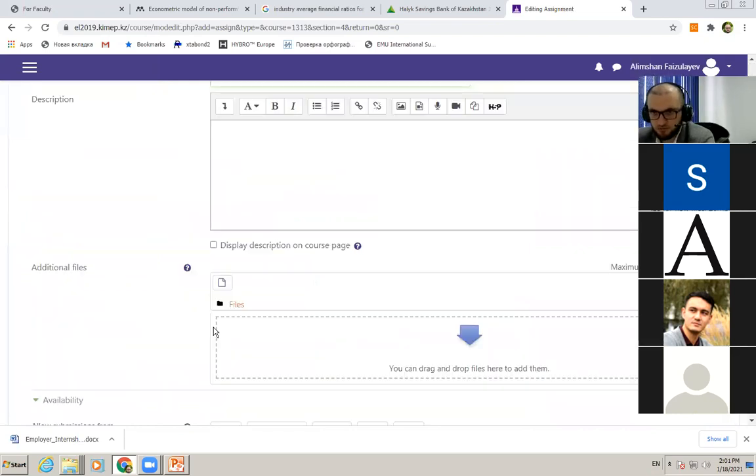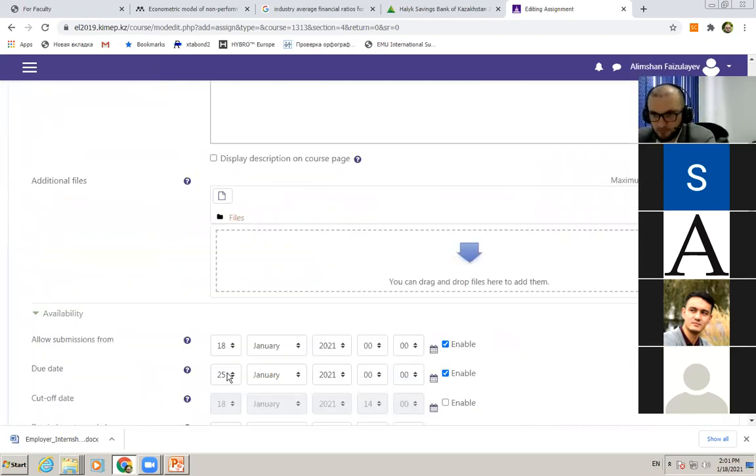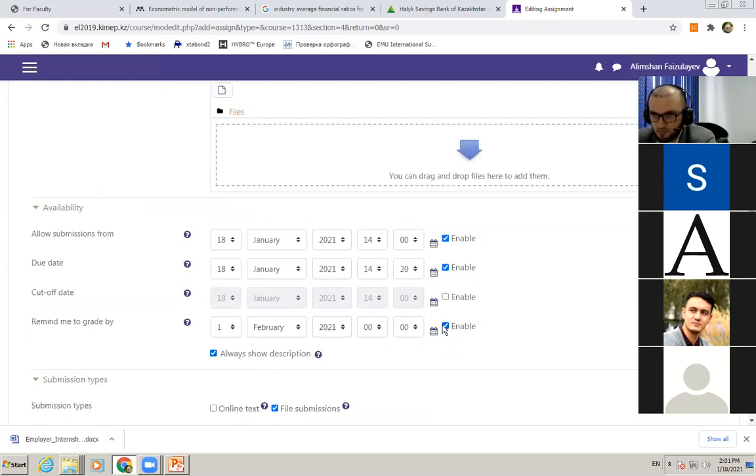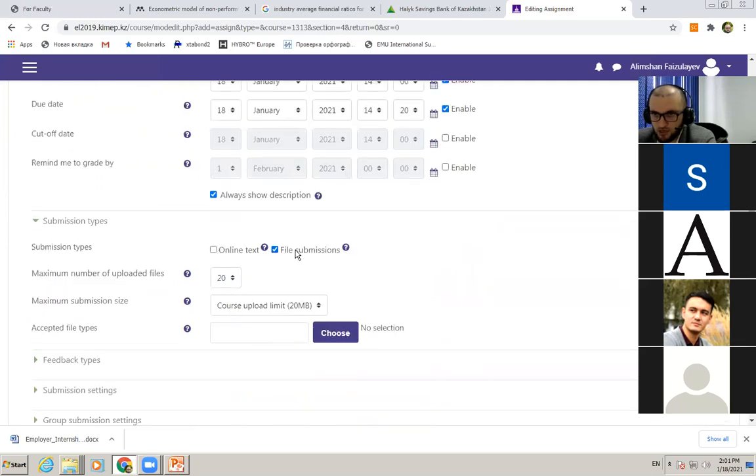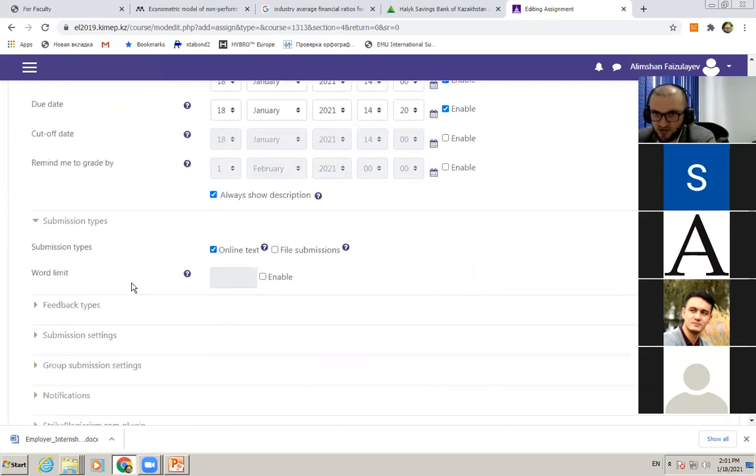Activity 2. We start at 14:00 and finish at 14:20, and the deadline is 18. It should be online. Just type your answer there, not more than 200 words.